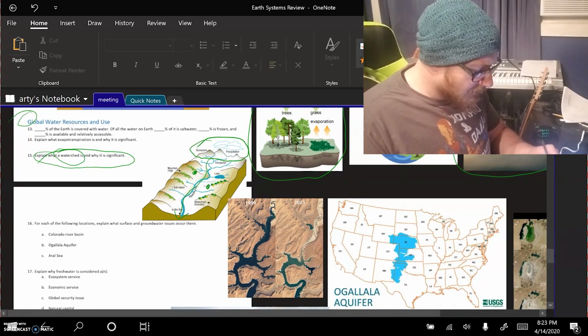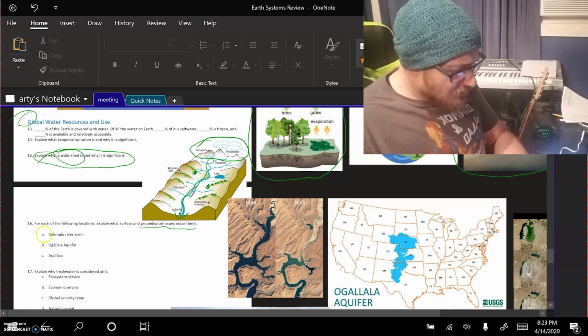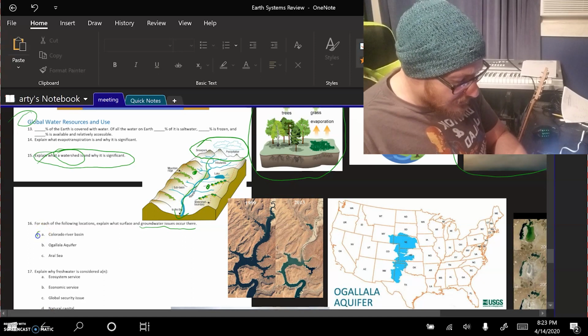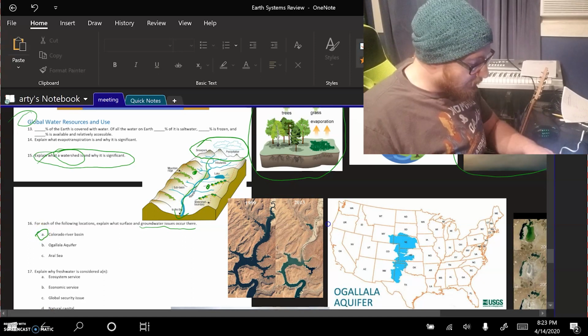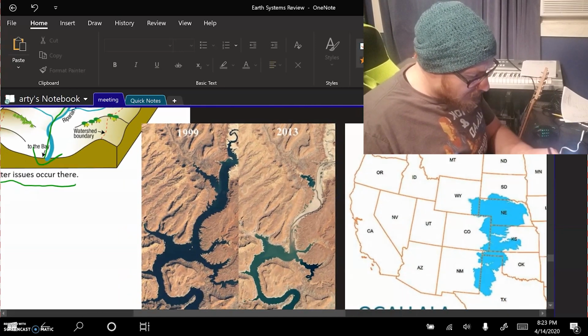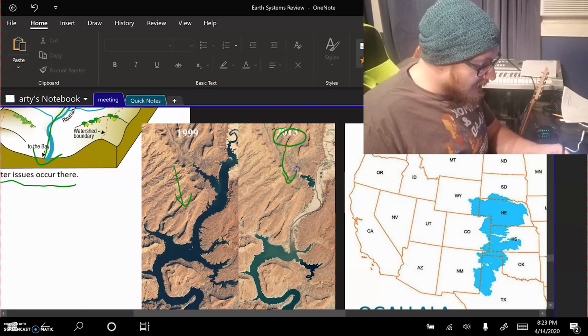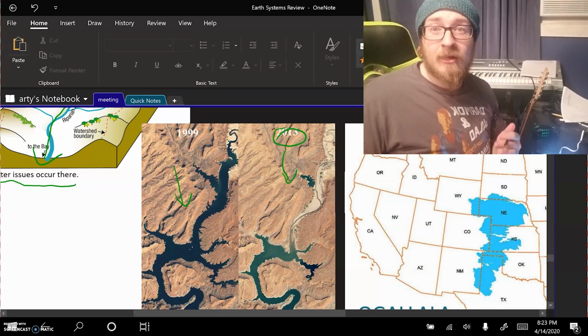Let's move on to a couple of locations and explain the groundwater and surface water issues occurring there. The Colorado River Basin is literally the basin of the Colorado River, and it kind of looks like this. In 1999, it was obviously fuller of water. In 2013, it's got even less, and it pretty much looks the same today.